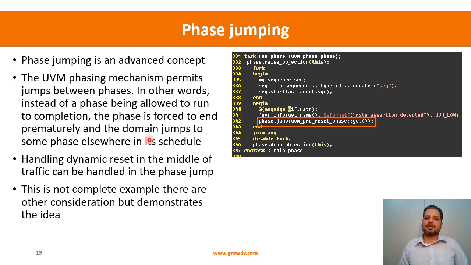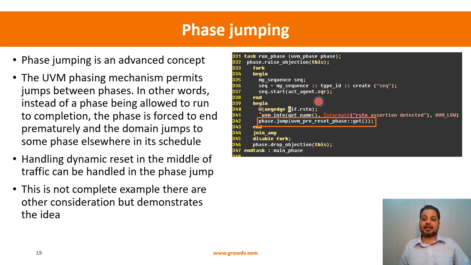One of the use cases, although dynamic resets in the middle of traffic can be handled in a different way, is to use phase jumping. So I'm showing you one very brief example. This is not to give you the complete solution, which involves many more considerations and nuances associated with various cleanups.